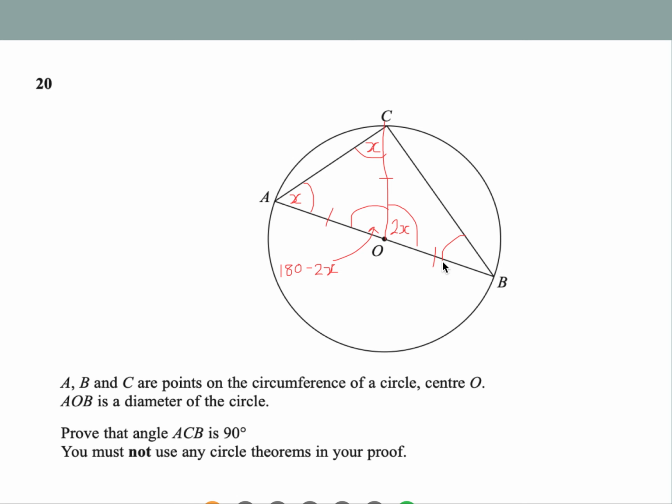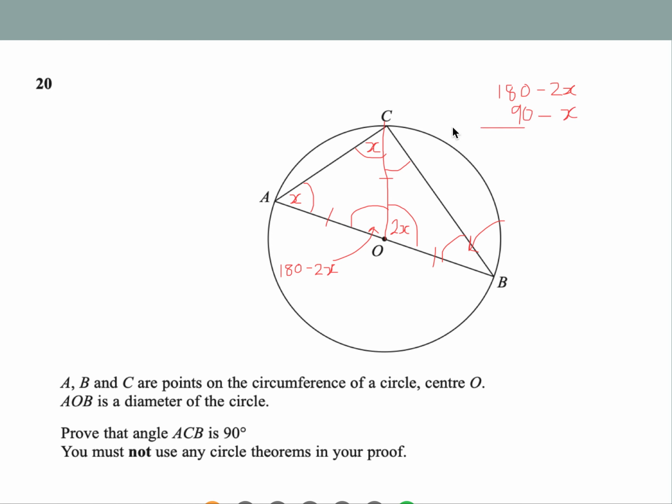Now this angle here is going to be the same as this angle here. Now all of them will add to make 180, so these two angles must add to make 180 minus 2x, because then all the angles in the triangle add to make 180. But as they're split between two, each of these is going to be 90 minus x.